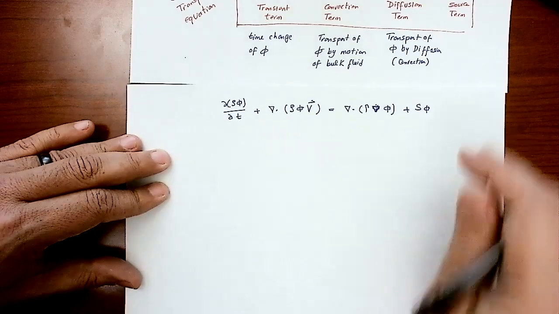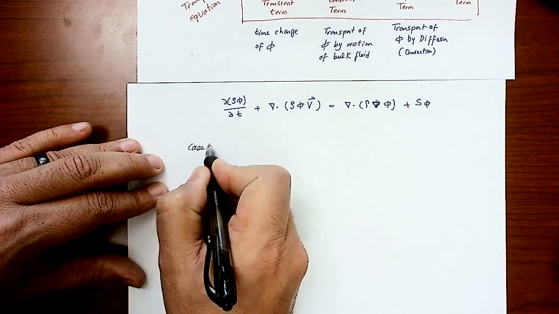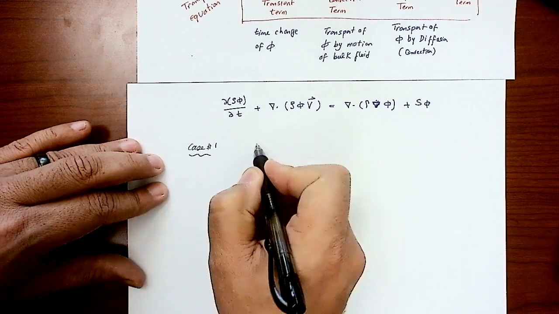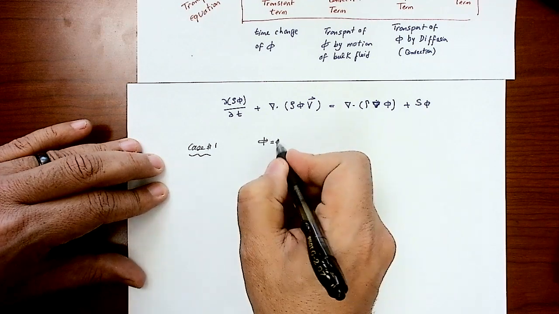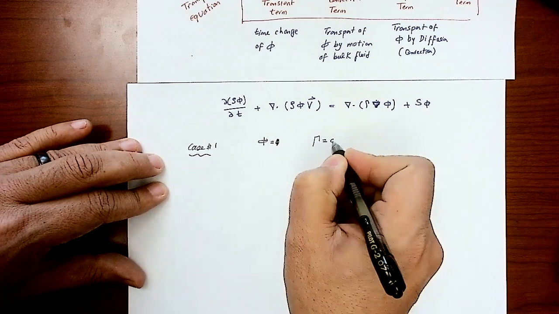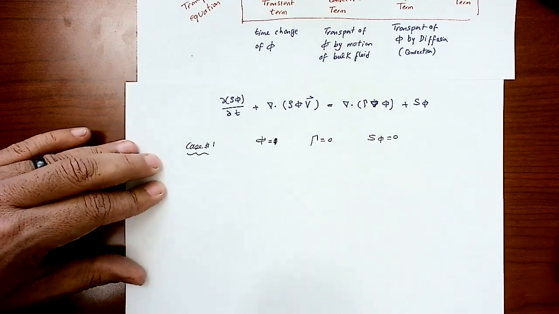So for example, let's actually put phi equal 1. Case number 1: phi equal 1, kappa is equal 0, and the source term is also equal 0. Let's see what's going to happen to this equation.